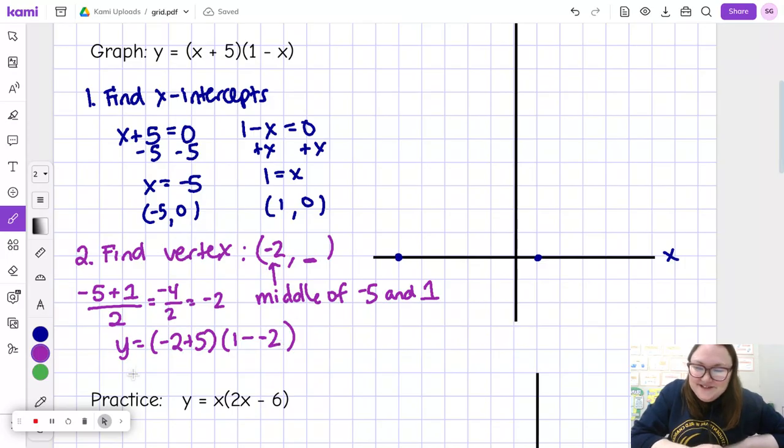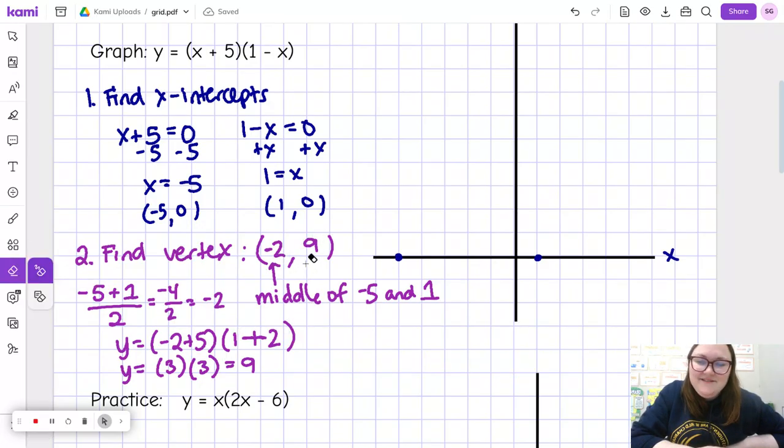So for this equation, it would say y equals, well, -2 plus 5. It's the same thing as 5 minus 2. That's 3. And then for the second one, 1 minus -2, we've learned minus a negative is the same thing as adding. So 1 plus 2, which is 3, and 3 times 3 is 9. And so that second coordinate for our vertex is 9.